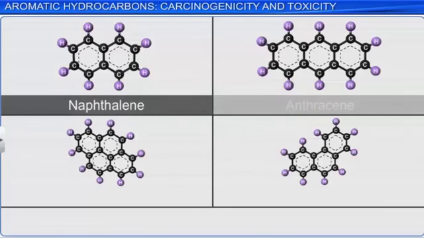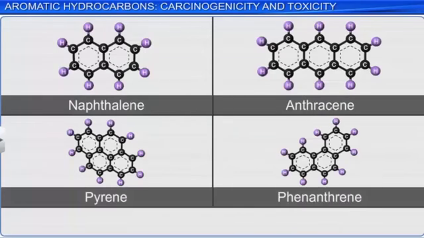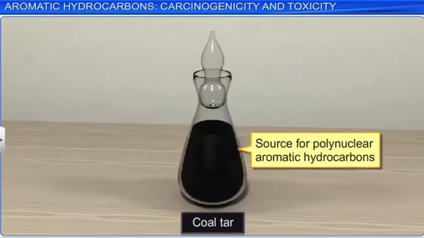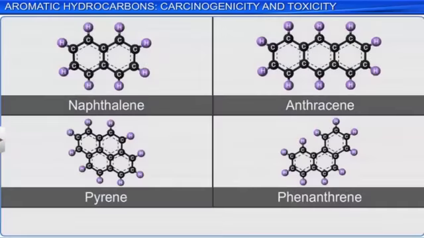Aromatic hydrocarbons containing 2 or more fused rings are called polycyclic aromatic compounds or polynuclear aromatic hydrocarbons. Coal tar is the main source of polynuclear aromatic hydrocarbons. These hydrocarbons possess either a linear or an angular structure.